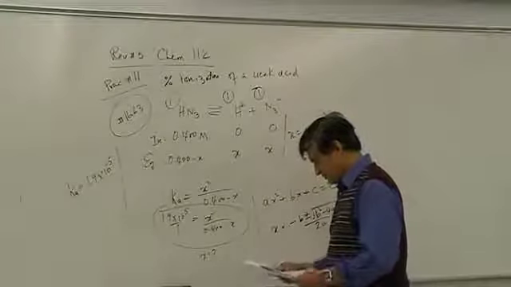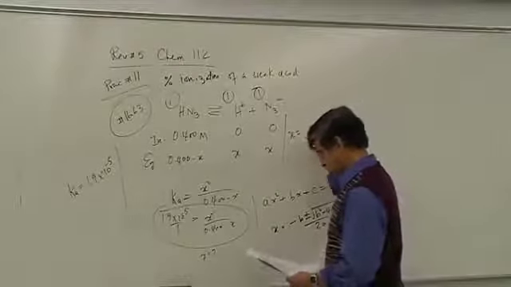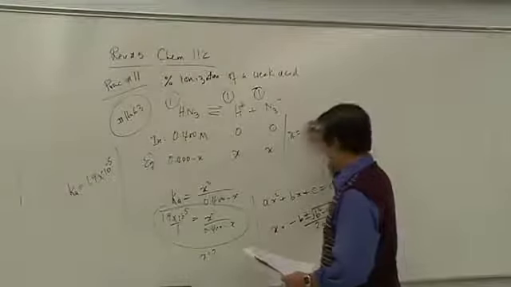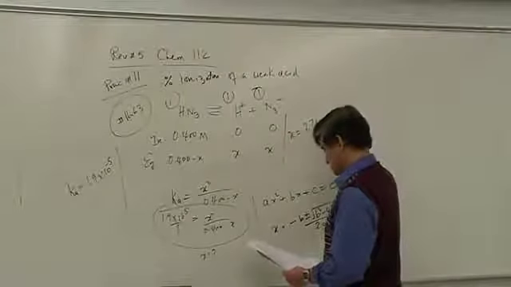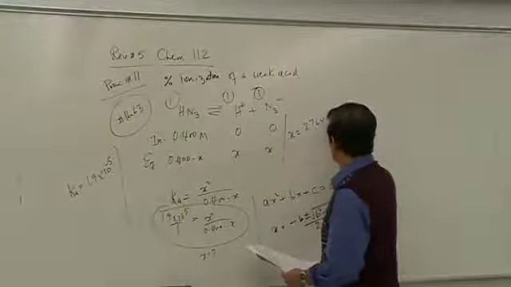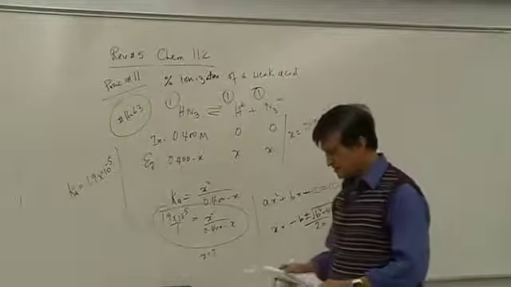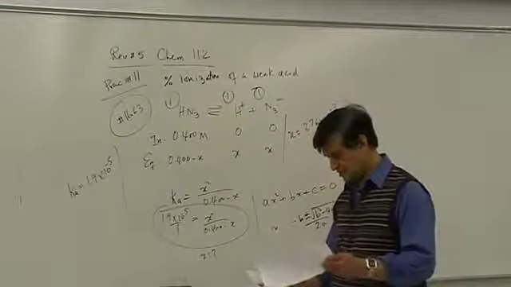X value, that's what we got, is 2.76 times 10 to the negative 3. You should try this both ways and you see whether that's the case here or not.